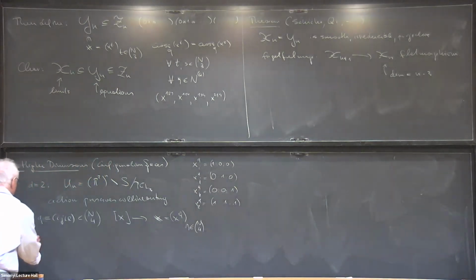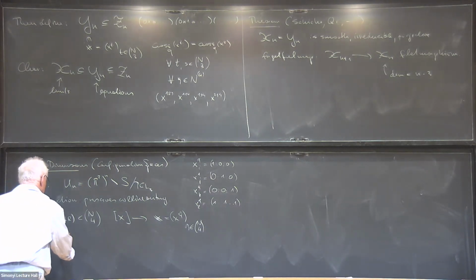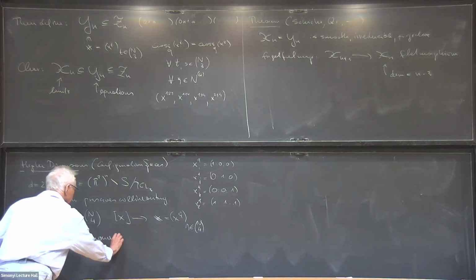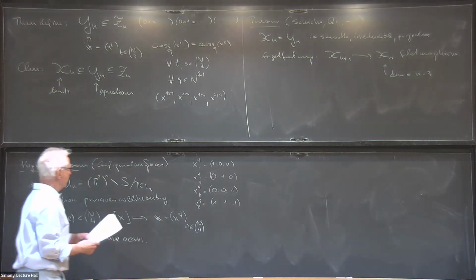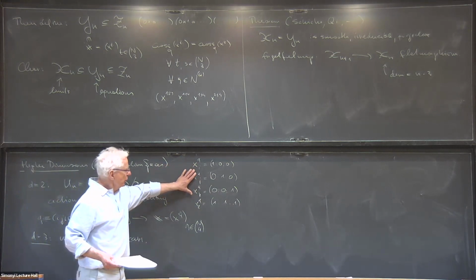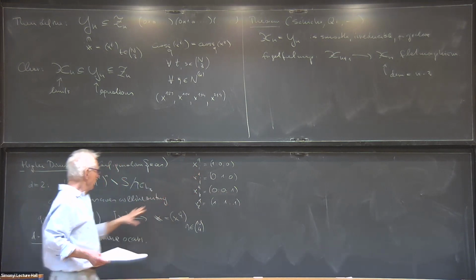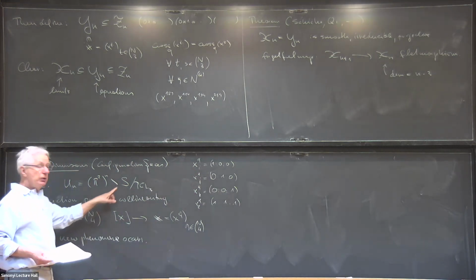For D equals 3, I have to be very brief. New phenomena. Okay. So this genericity which we are using here is due to the fact that we need stability. The stabilizers of the elements of the n-gons have to be trivial.